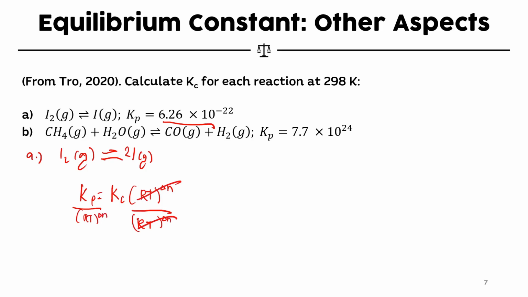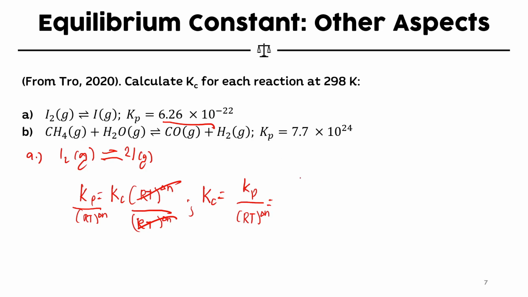So that will cancel out. Therefore, Kc is equal to Kp divided by RT raised to the power of delta n. Then we substitute the values.